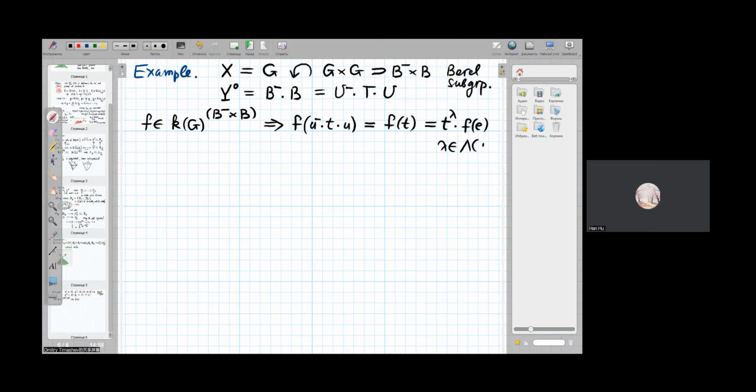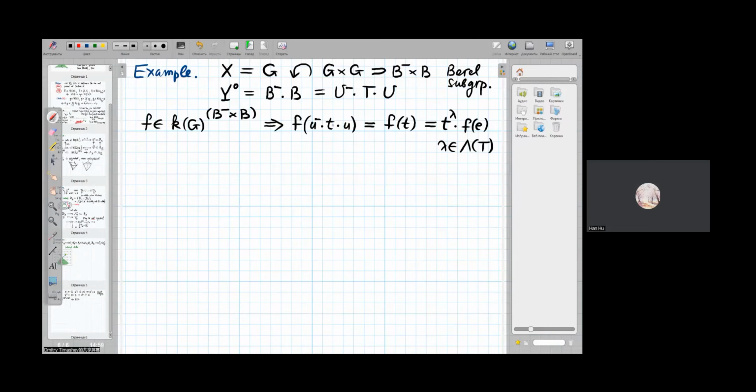F is semi-invariant, so why is the first equality correct? I think there is some constant. The first equality is correct because every character of B minus cross B vanishes on U minus and U. Oh, vanishes means is identically 1. Exactly.